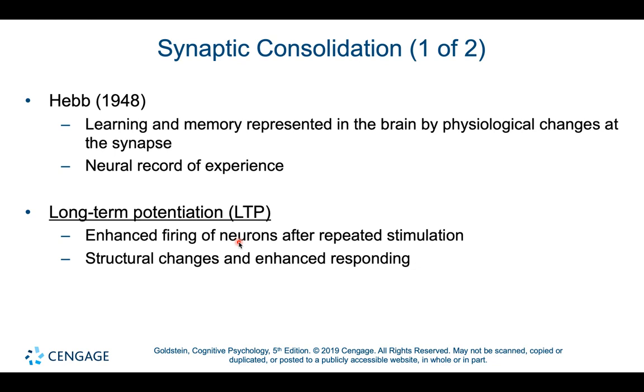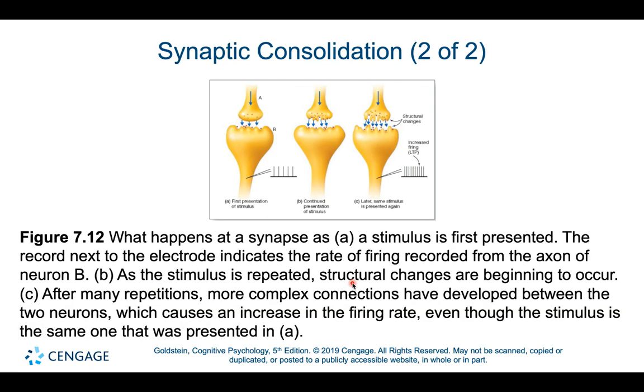Basically, neurons that fire together become more strongly connected. So if you repeatedly stimulate certain neurons, then they become enhanced in their ability to fire together. You get structural changes in those neurons that allow for enhanced responding.